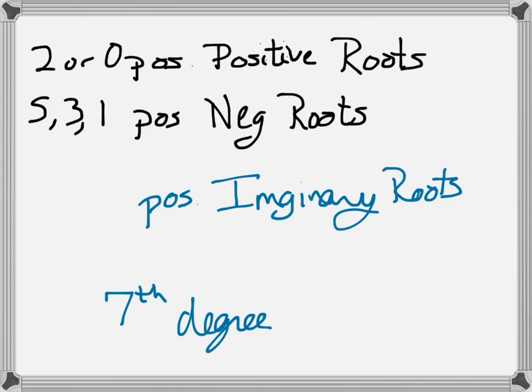Because remember I talked about how we had them in pairs. Can we have an odd number of roots if they must have a partner? No. And it can't be more than 7. So what's the number just short of 7? 6. 6, 4, 2, or 0 possible imaginary roots.